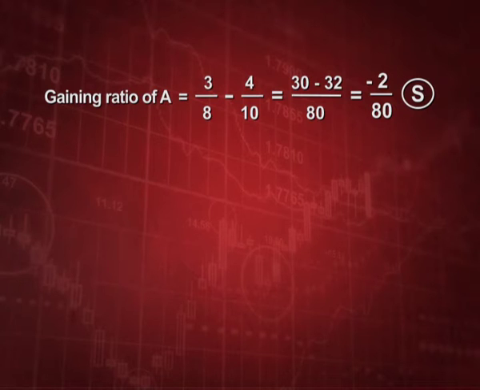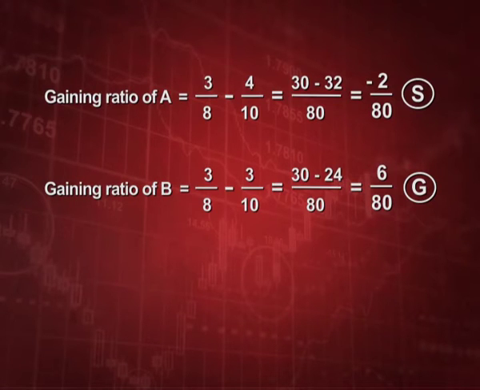Minus 2/80 means he is not gaining, he is sacrificing. So, B and D will be debited and A and C will be credited. Because A is not gaining, he is sacrificing. Those who are sacrificing will get and those who are gaining will be debited.